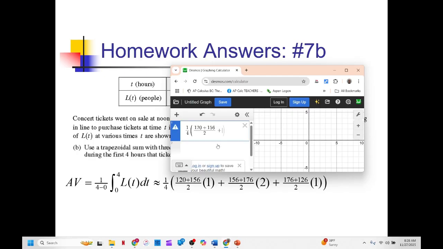And then we've got fraction again, 156 plus 176 over 2 times 2 plus fraction 176 plus 126 over 2. Don't need to worry about the 1. Close this out.